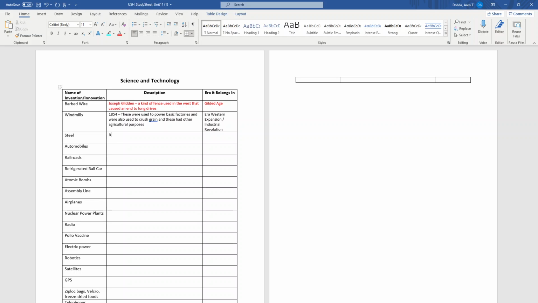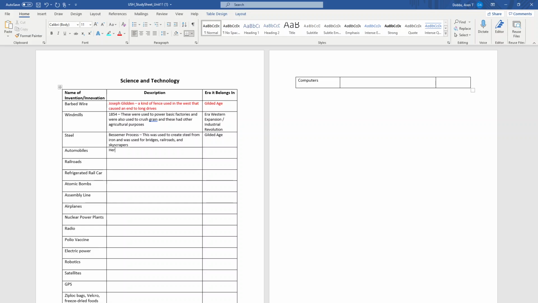Okay, automobiles. Let's remember Henry Ford. These came into existence at the end of the Gilded Age and revolutionized transportation because people could own their own means of long distance travel.